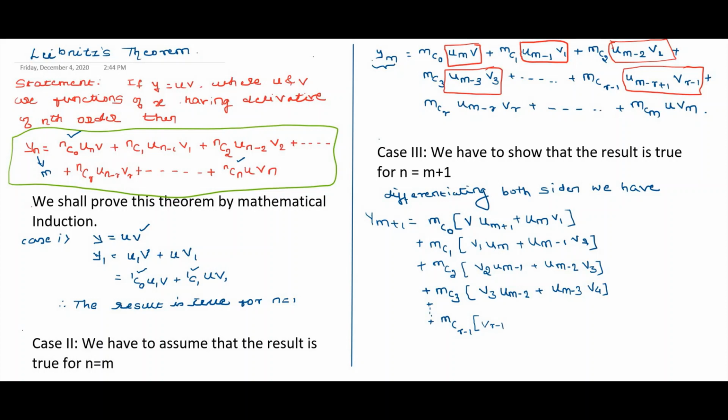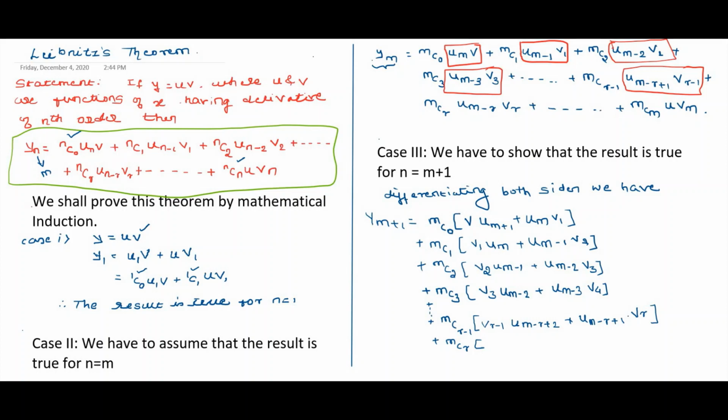What is the differentiation of u_(m-r+1)? The differentiation of u_(m-r+1) is u_(m-r+2), plus u_(m-r+1) as it is into the differentiation of v_(r-1), which is v_r. Bracket complete. Then plus, the next term is mCr into bracket.